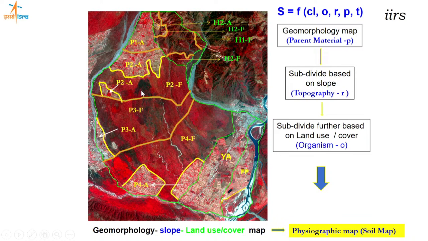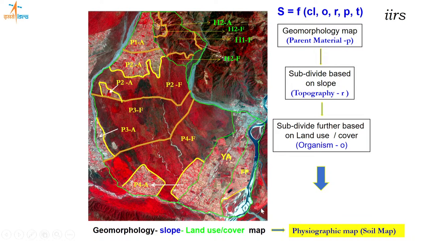So if you go by that interpretation, first you interpret geomorphology, then subdivide geomorphology based on the topography, then further subdivide based on the organism or land use land cover, then you will get a physiographic map.